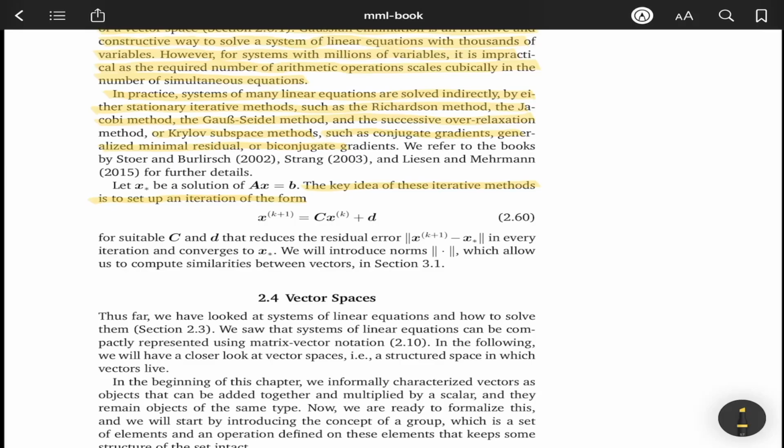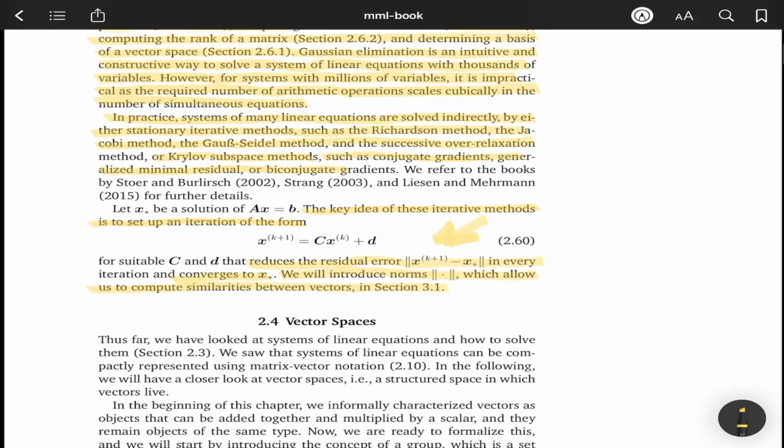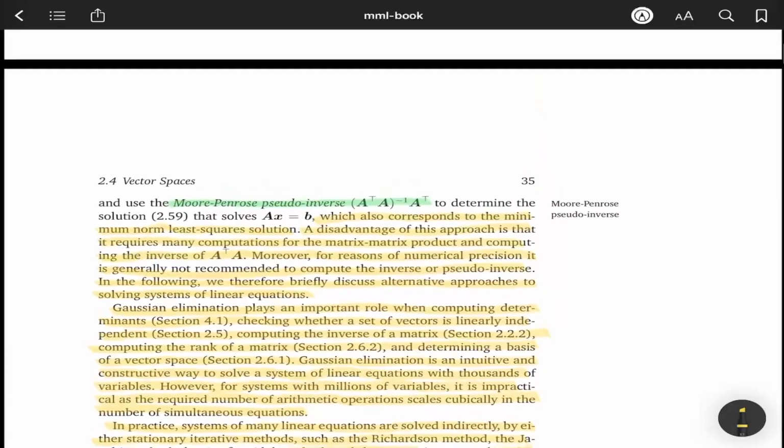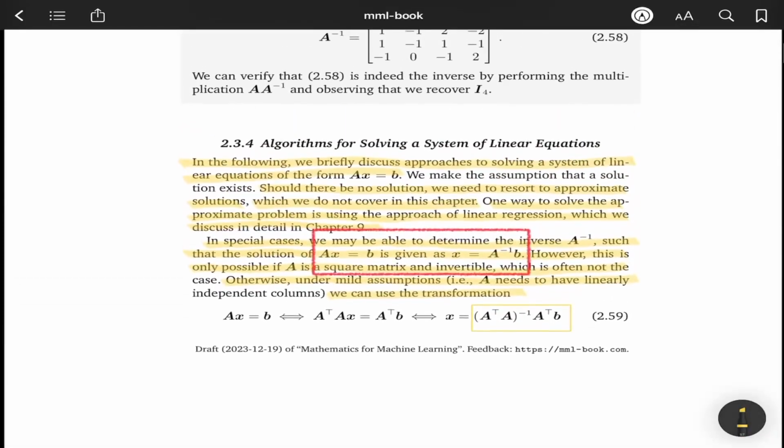And what they're doing is somehow reducing the error in every iteration, so x converges to the solution. Okay, we will introduce norms, which allow us to compute similarities between vectors. I guess this is just a random sentence. Oh no, it's because of this one, the error. Okay, so I guess this is just more like an infomercial part.